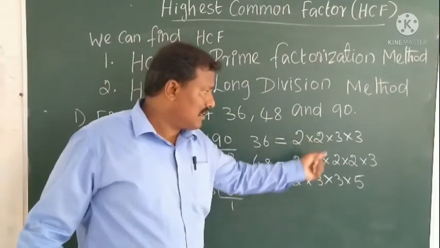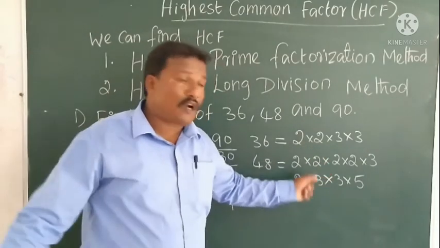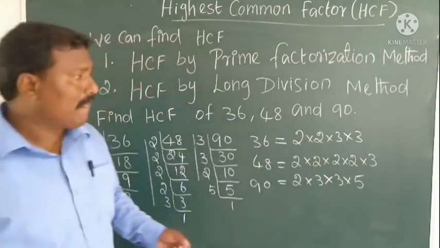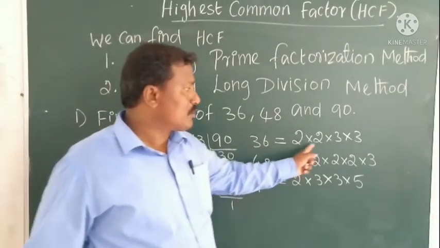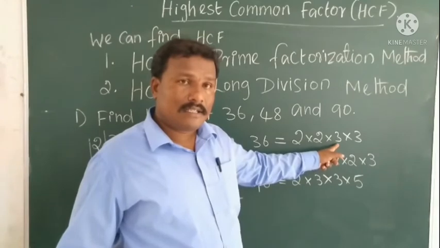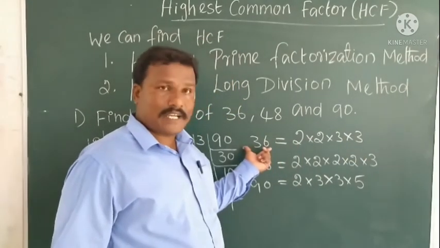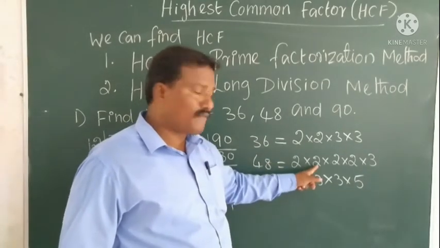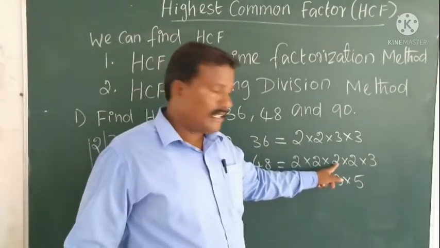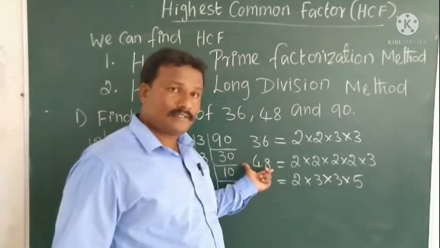If you see, all the numbers are prime numbers: 2, 3, 5. These all are prime numbers. Okay. So if you multiply this, 2 2s are 4, 4 3s are 12, 12 3s are 36. If you multiply this, 2 2s are 4, 4 2s are 8, 8 2s are 16, 16 3s are 48.